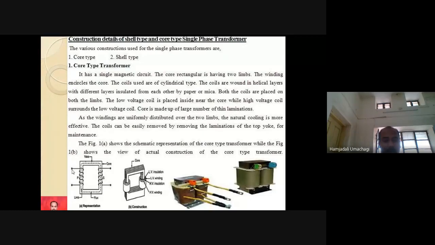So this is my core type of transformer, where it is having only one single window and one magnetic circuit path. On one limb we have the primary winding, and on the other limb the secondary winding. And if you see the cross-sectional view from the top side, this is how the core type of transformer is going to look.